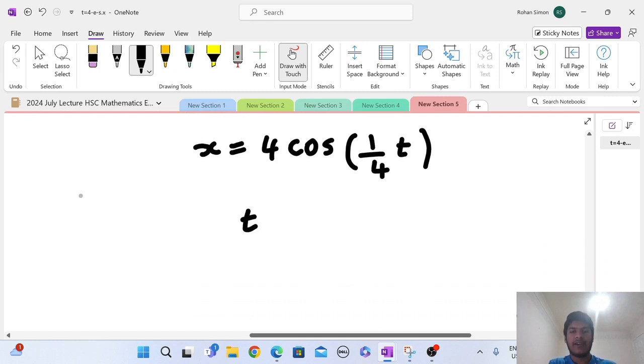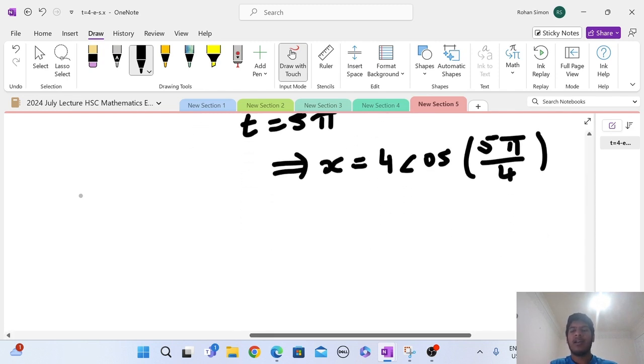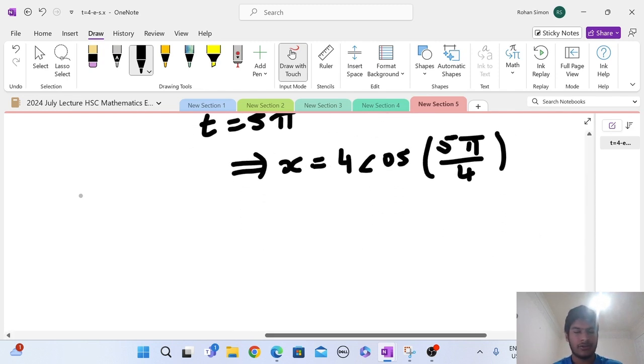And now t is 5 pi, because that's the point in time which they collide, like we reasoned before. So we get x equals 4 cos 5 pi on 4, if we sub it in for t. And now if we evaluate that, cos 5 pi on 4 is minus 1/√2, right?